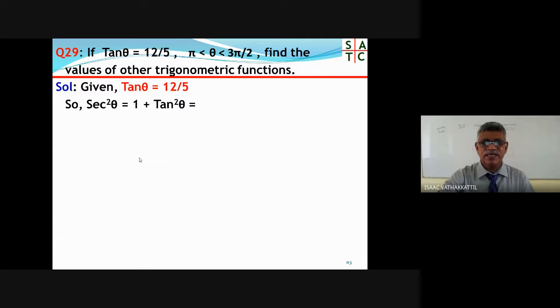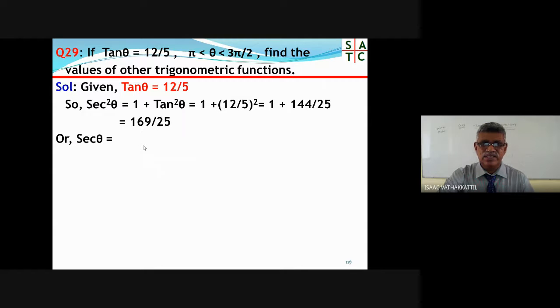Keep a pen and pencil for rough calculation; proper notes you can make later. Sec squared theta is 1 plus tan squared theta, that is 1 plus 12 by 5 squared, that is 1 plus 144 by 25, which is nothing but 169 by 25.